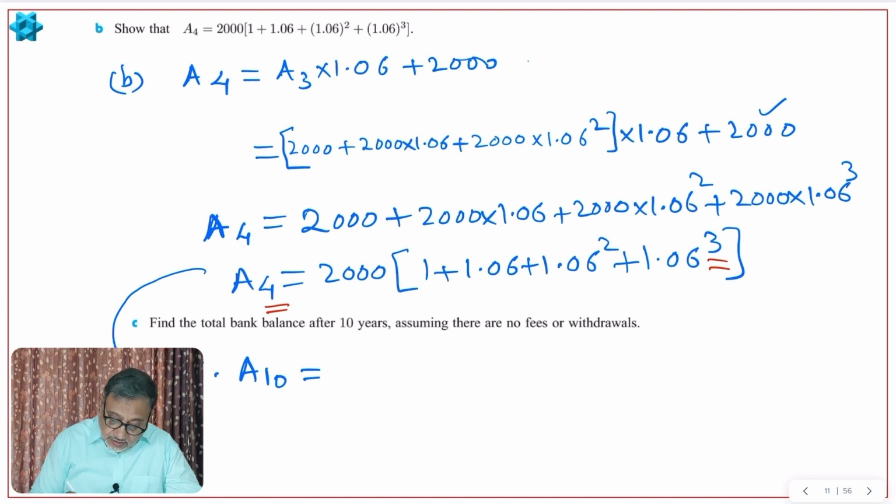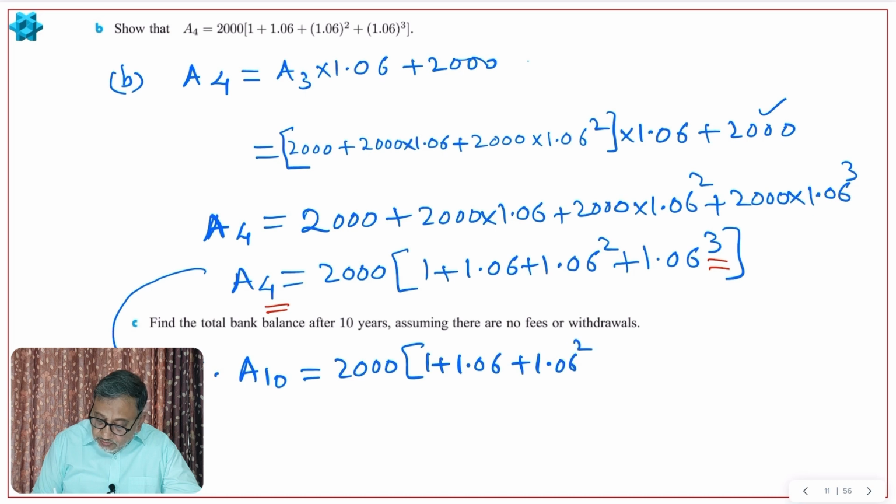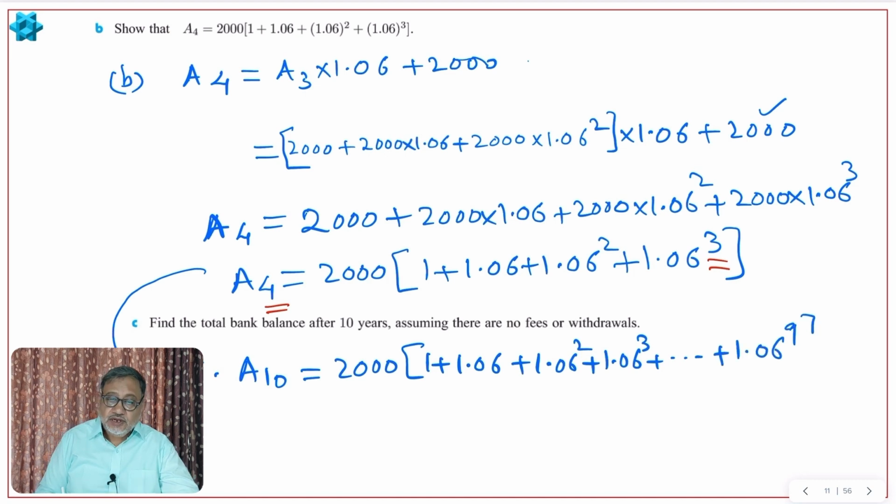So 2000 outside, and inside 1 plus 1.06 to the power 1, 1.06 to the power 2, 1.06 to the power 3, and so on, up to 1.06 to the power 9. I hope this is clear to you.